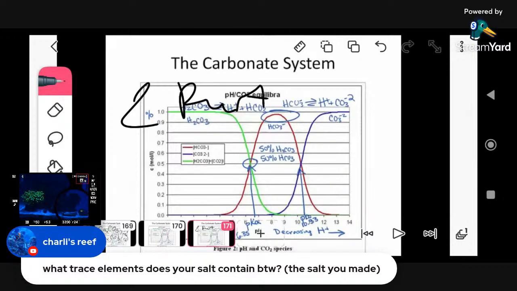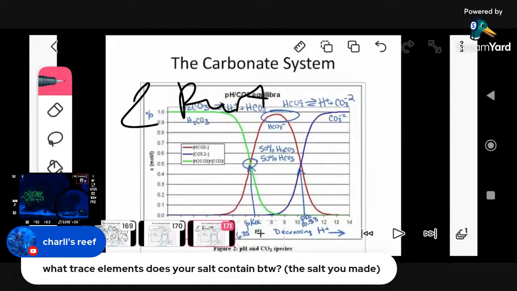In order for me to dose the trace elements at the concentrations that you're going to need, I have to make you a bag that's 50 gallons or more, just to get maybe even half a gram of those elements in there. So it's a lot easier for me to make a solution where you could just dose a certain amount of liquid into the system, and it doses the elements that I want.